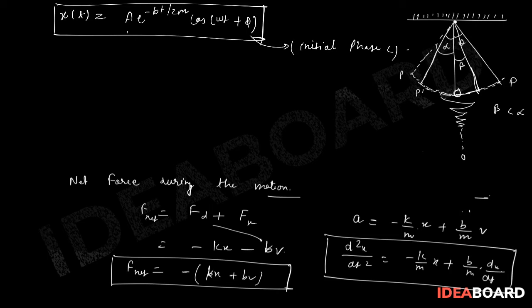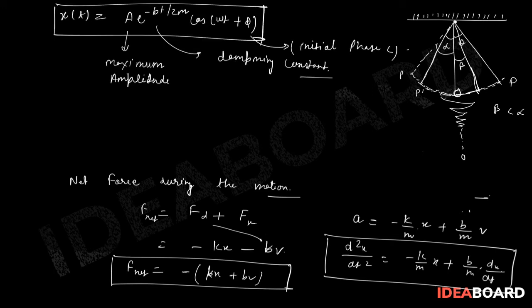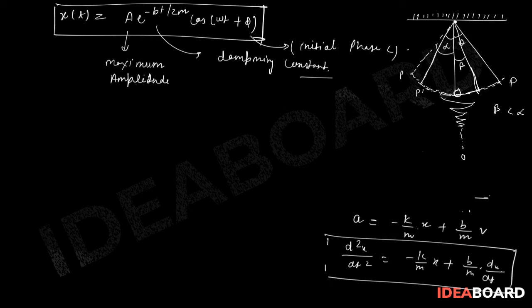A is the maximum amplitude, and B is of course the damping constant. Everything is known to us, and in normal SHM we used to get omega is equal to root of k by m.